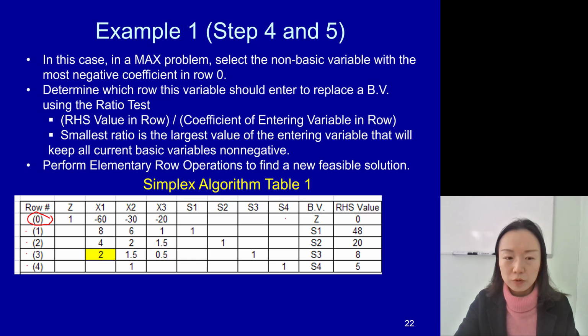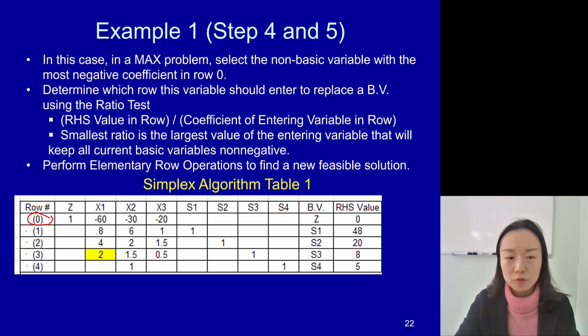For example, we converted our objective function to be z subtract 60 x1 subtract 30 x2 subtract 20 x3 equals 0. That's the right hand side, okay? Those are the coefficients we put in this table.